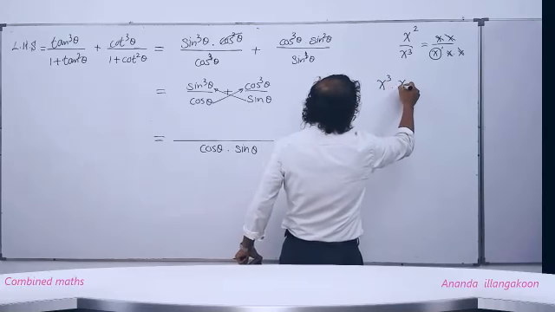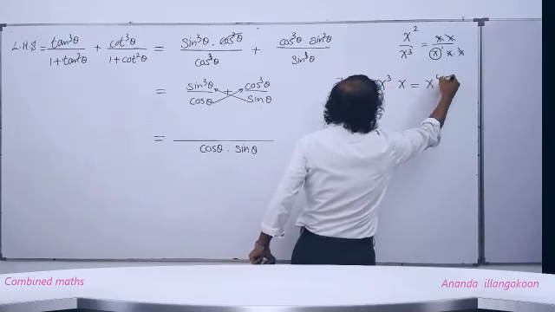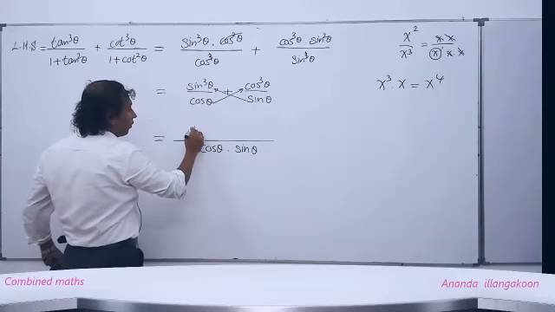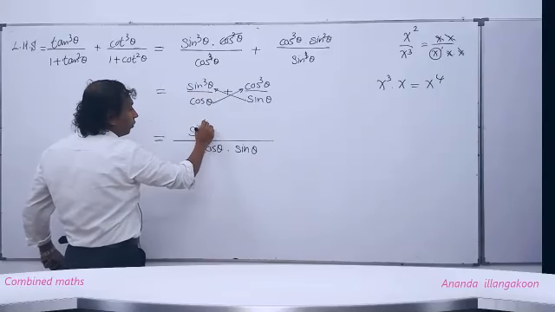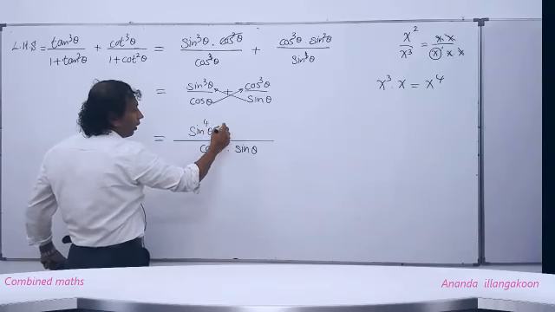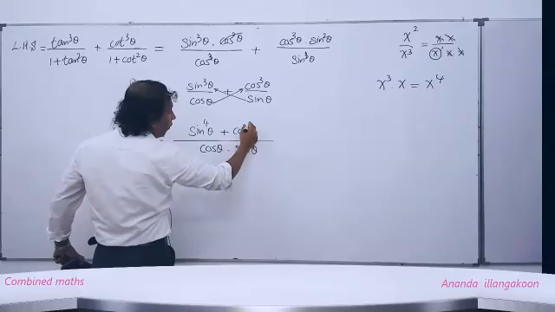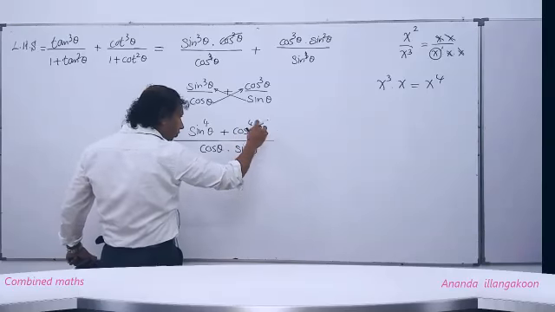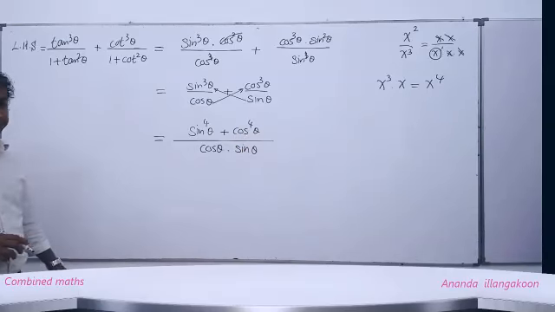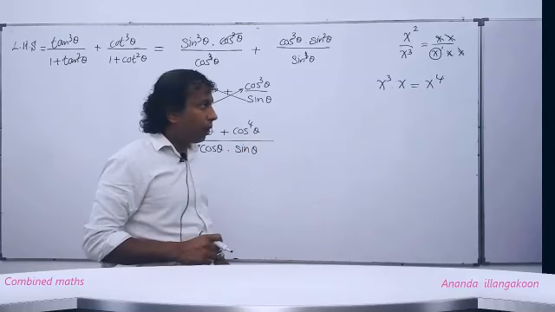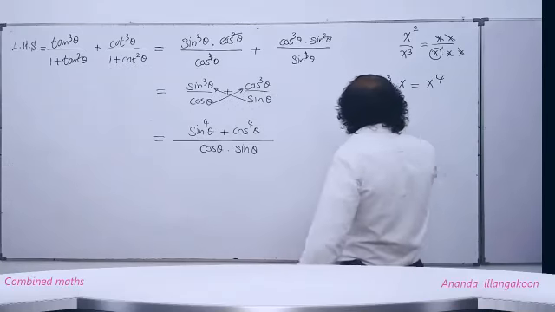X cube multiplied by x means x to the power 4. Like that, sine cube theta into this sine theta means sine to the power 4 theta. Like that, cos theta into cos cube theta is cos to the power 4 theta coming like this. Understood, people?